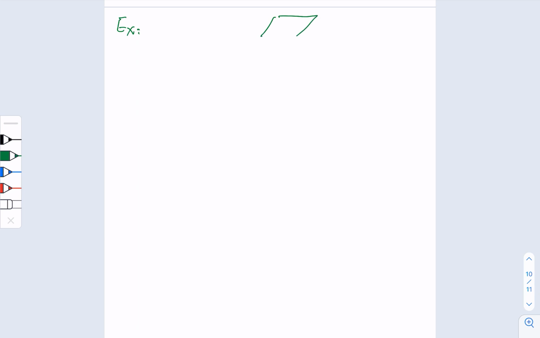Okay, so let's take a few more examples. Say we are interested in a capacitor.